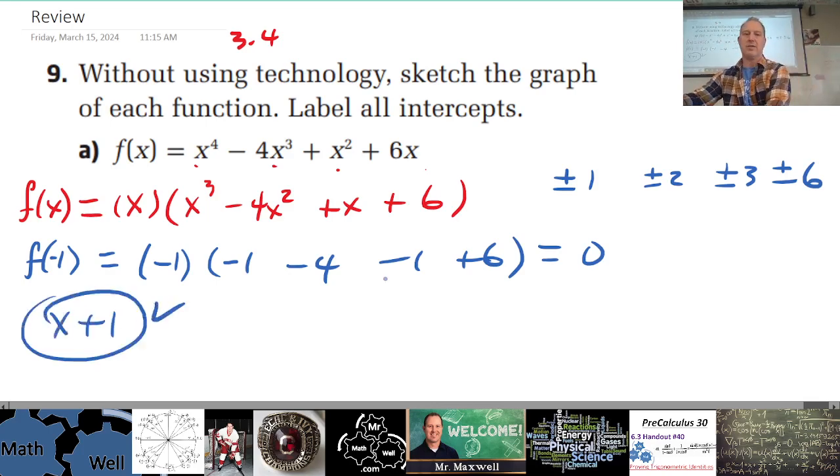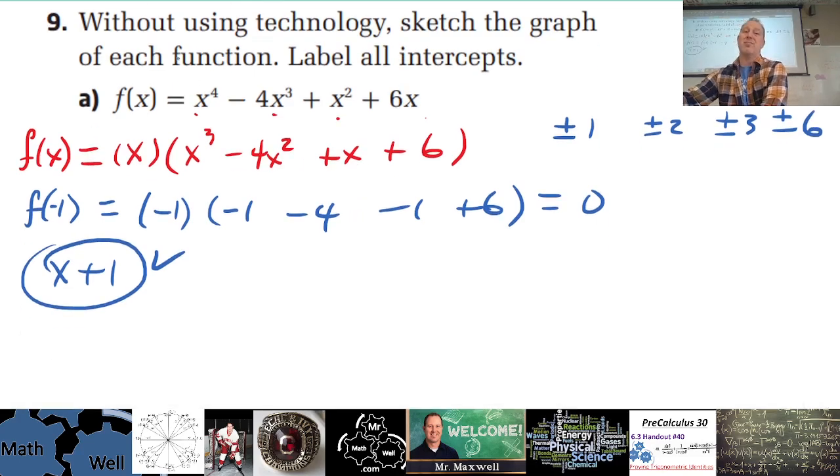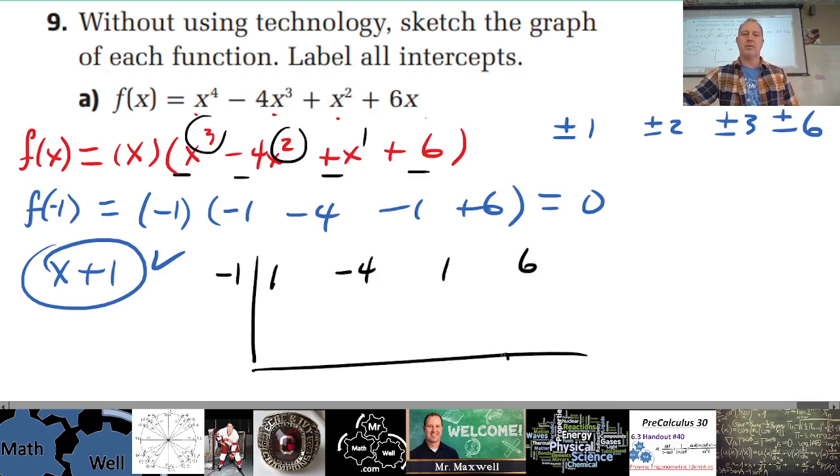That's a factor of this x cubed polynomial. Let's test it. Let's make sure. We might have made a mistake. Synthetic division, I'm going to take my a value, that's negative 1, that I put in there. I'm going to take the coefficients that are listed here, cubed, squared, to the power of 1, to the power of 0. They're all accounted for. 1, negative 4, 1, 6.